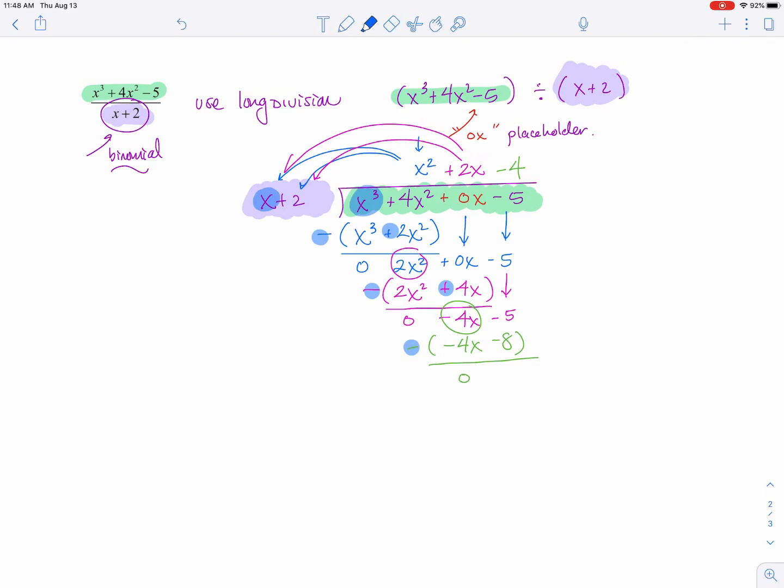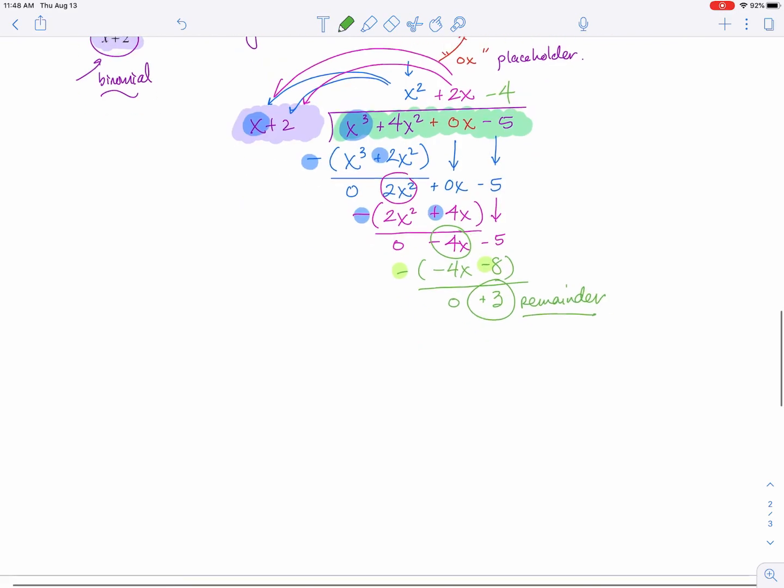Those are hard to see. Let me erase that. Let's use a different highlighter there. Lime. Yummy. So that's a negative 5 minus a negative 8, which is negative 5 plus 8, which is going to give us a positive 3. And that's our remainder.